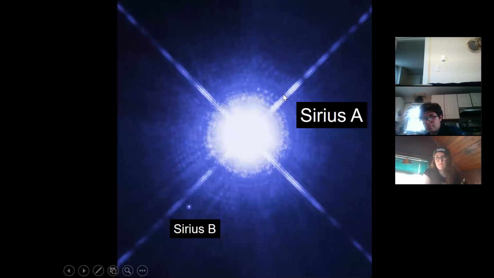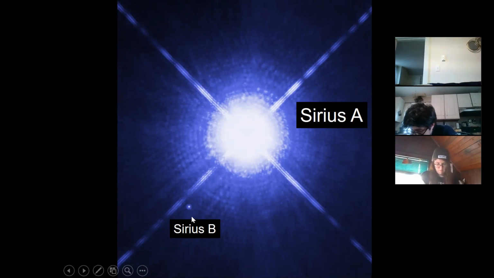And it's actually possible to image this thing. This is a spectacular image where we can see the intense luminosity of Sirius A. And they've managed to expose this photograph in just such a way that you've got Sirius B there. Remember, you're not seeing the sizes of the stars because they're essentially point sources, but you're seeing the differences in their luminosities, since they're at the same distance.